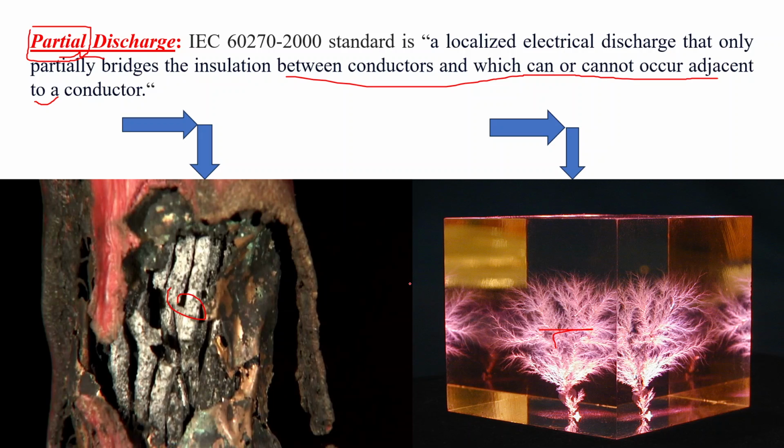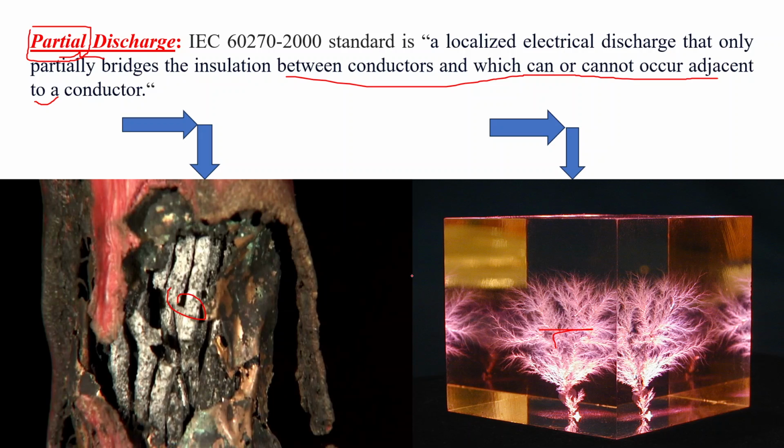It is normally characterized by a partial breakdown of the insulating material, resulting in a brief release of electrical energy. Partial discharge can occur in various types of electrical systems like switchgear, cables, circuit breakers, transformers and generators.